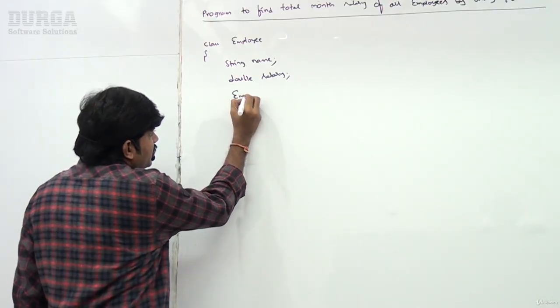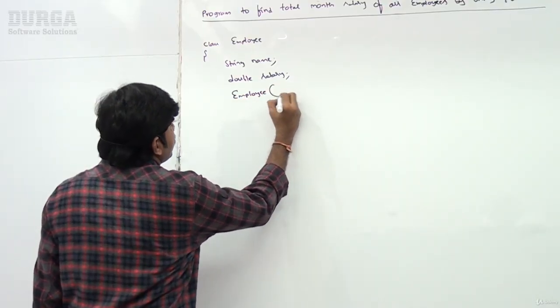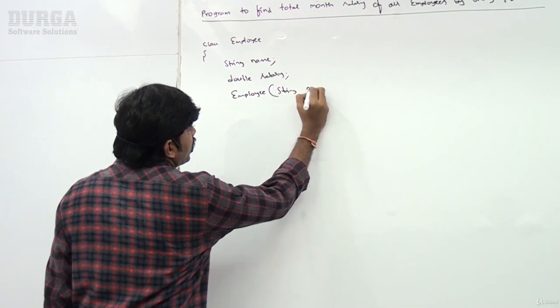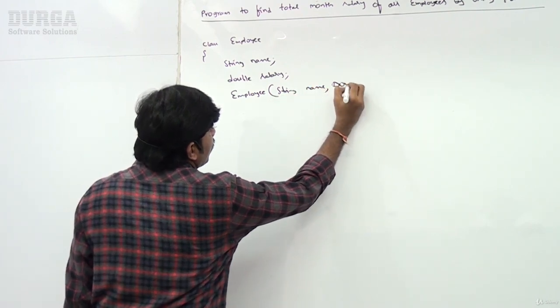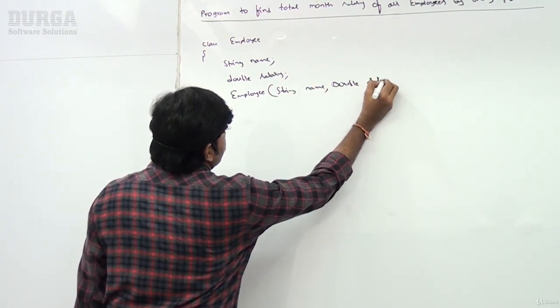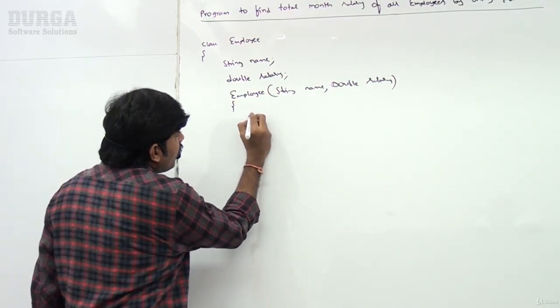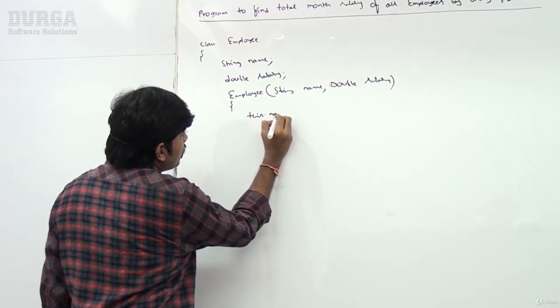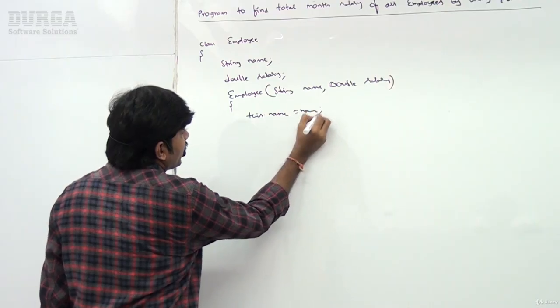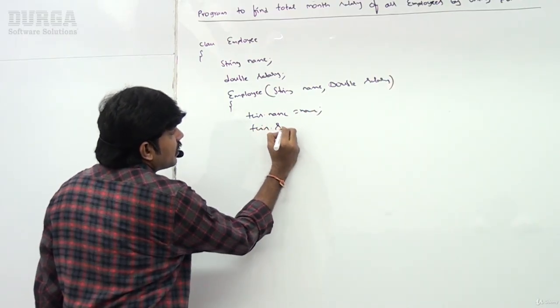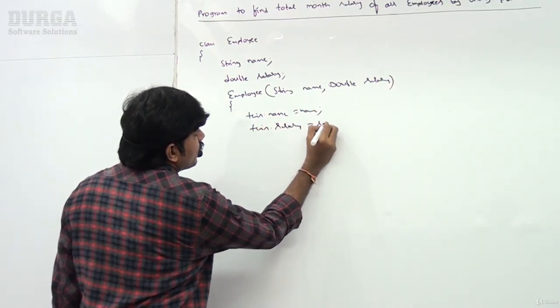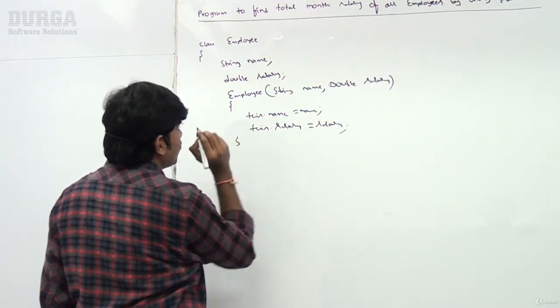Next, a constructor is required: Employee(String name, double salary). So do you know, here this.name = name, this.salary = salary, like this I am taking, sir.